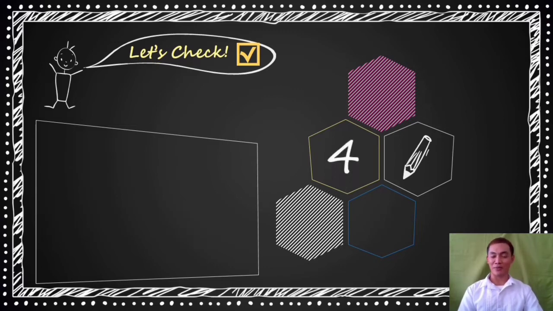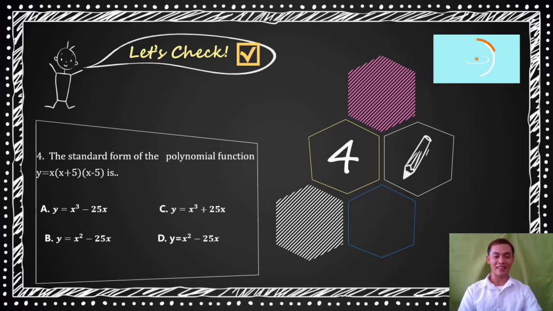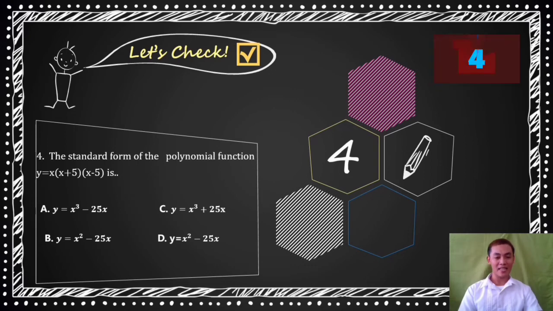How about question number 4? The standard form of the polynomial function y equals x times the quantity x plus 5 and x minus 5 is? I will give you 10 seconds. Is it A, B, C, or D? Have you got the correct answer? If your answer is letter A, that is correct.